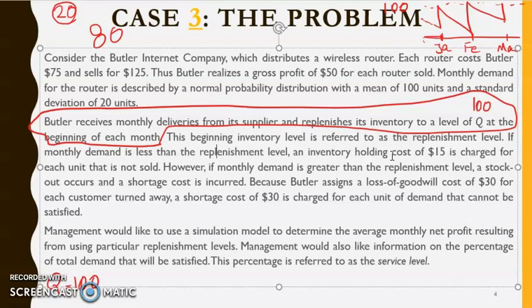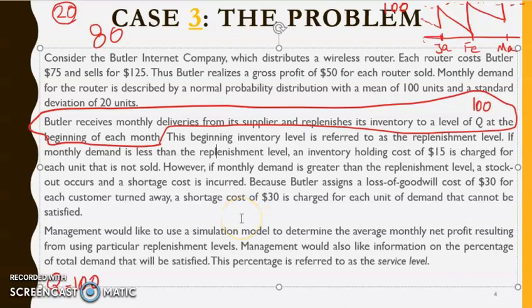So they have calculated that each customer that is turned away because we are out of stock charges us $30 per customer.